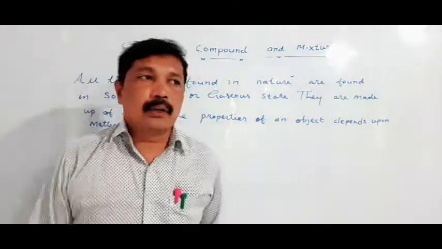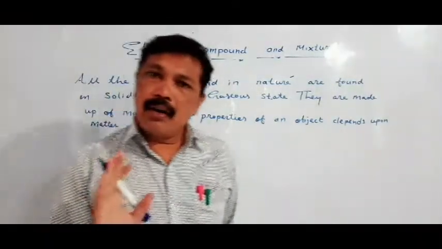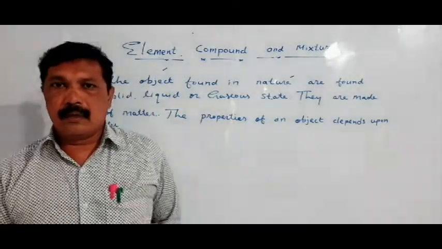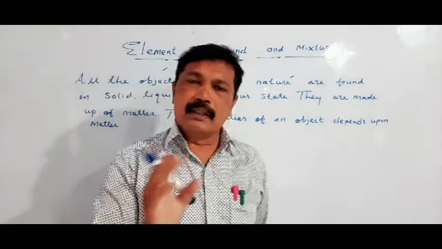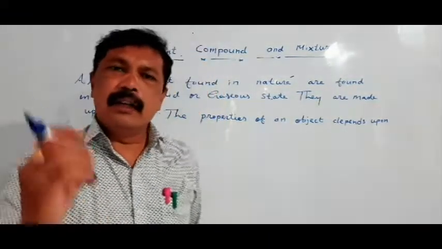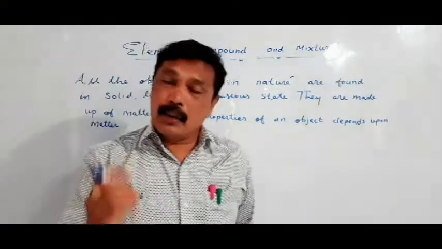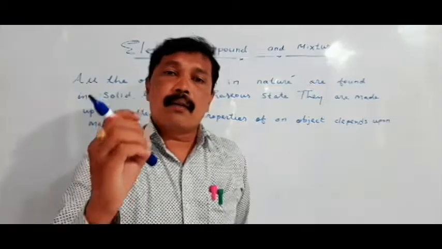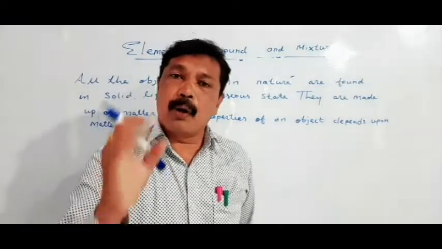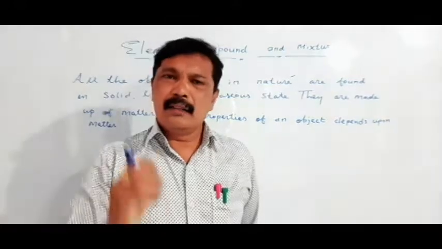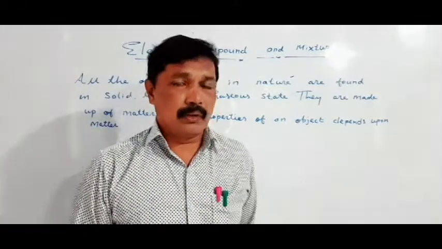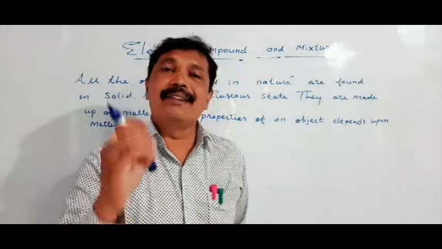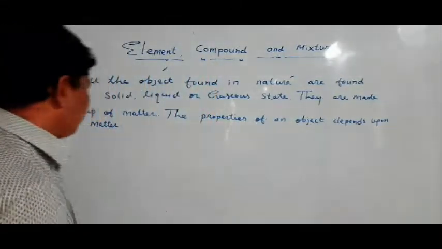My dear student, object is made up of matter. Matter is found in three states: solid, liquid and gaseous. The properties of an object depends upon matter. Three examples are given in our book. We will study all the three examples.